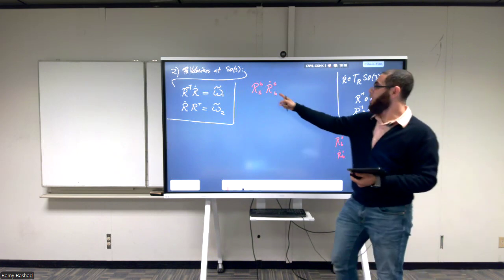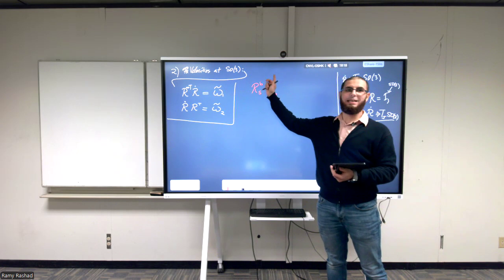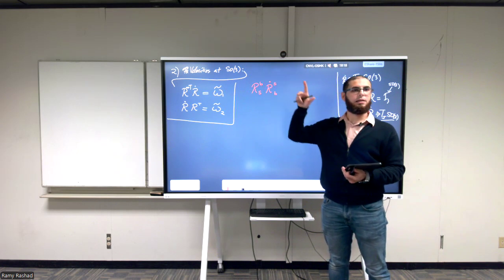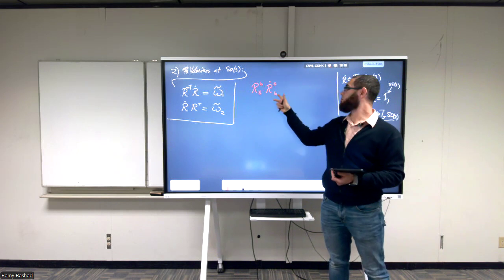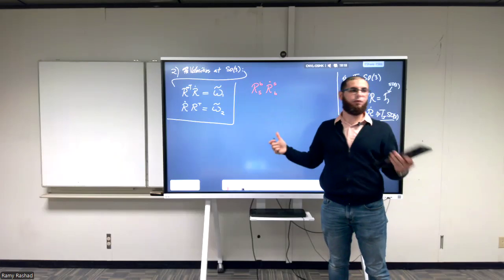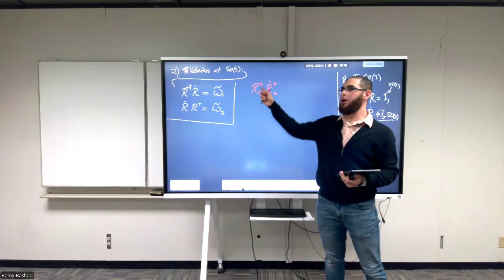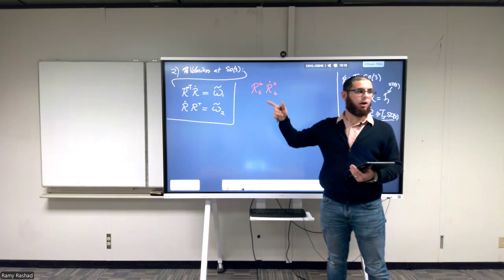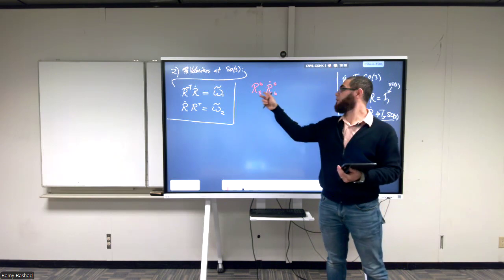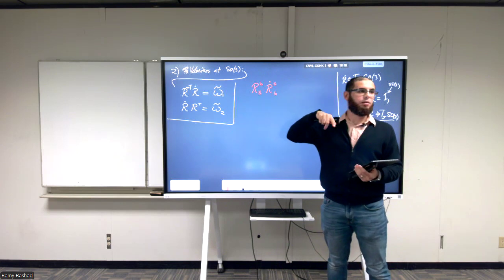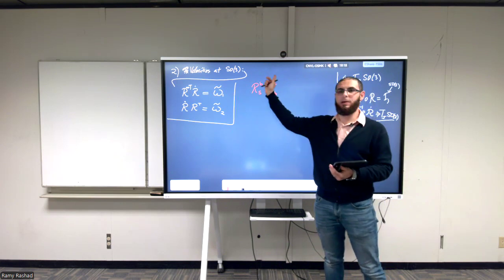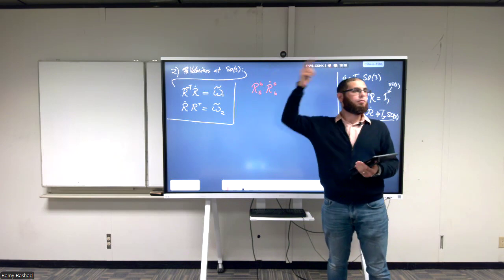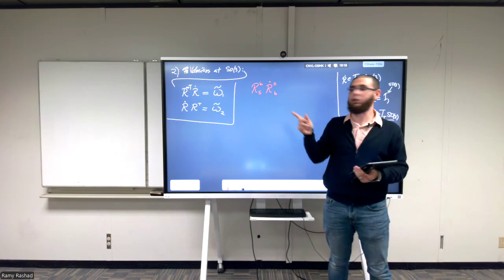Again, R^B_S means the rotation of frame B with respect to frame S. R^S_B means the orientation of frame S with respect to frame B, or the inverse of B with respect to S, or the transpose of B with respect to S. The inverse is the transpose.